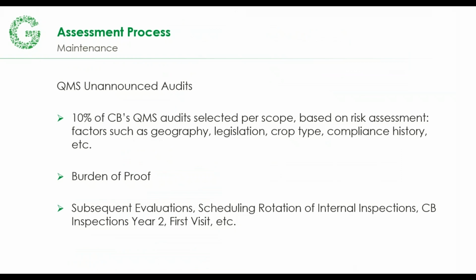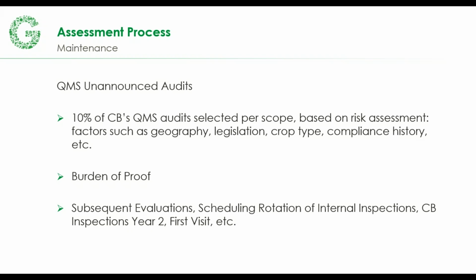Then there's information about maintenance, after your first year of certification, making sure that you're aware there are QMS unannounced audits. This is not of the producers, because they're audited in the surveillance inspections, but certification bodies must have 10% of QMS audits selected, so there's a possibility for an additional QMS audit.